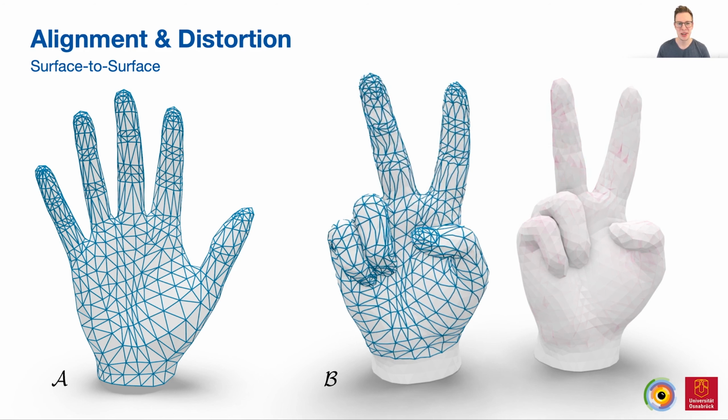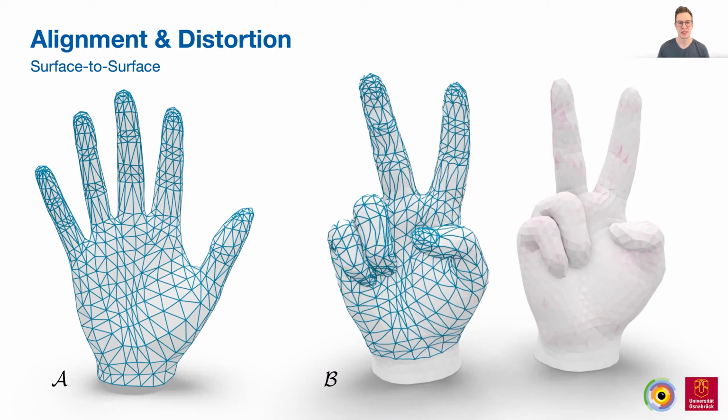But be aware that minimum stretch doesn't always imply semantically correct alignment. So for a pair of very different shapes, it might not even be clear what correct alignment even means. But for now, we'll simply focus on distortion minimization or stretch minimization, because this is a very well-defined goal.